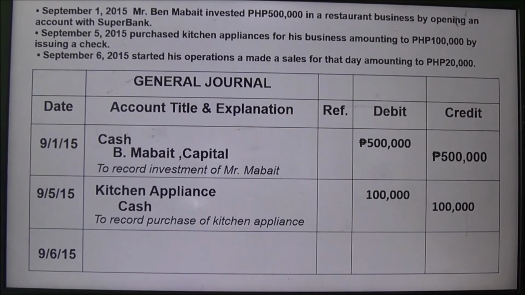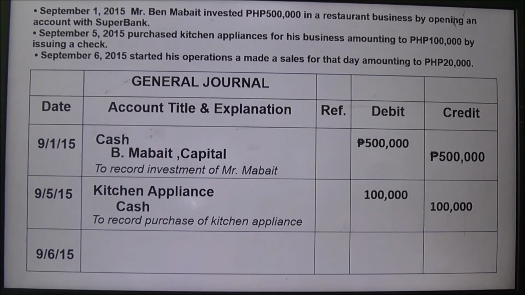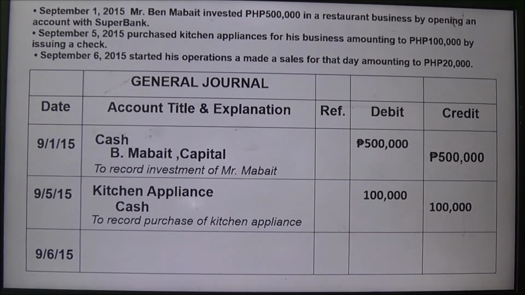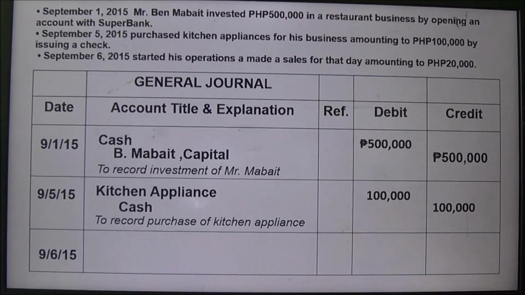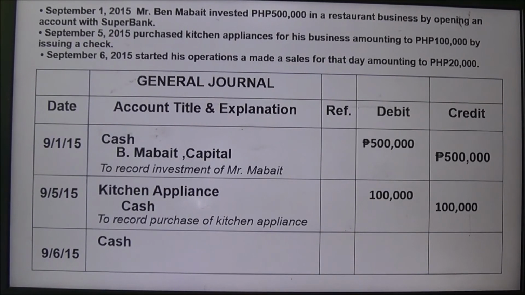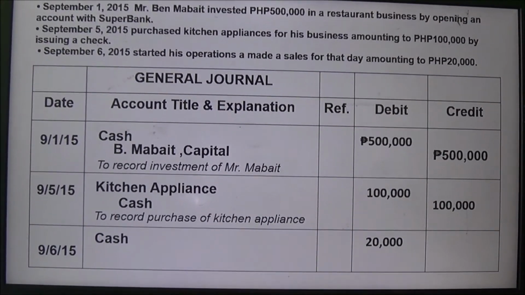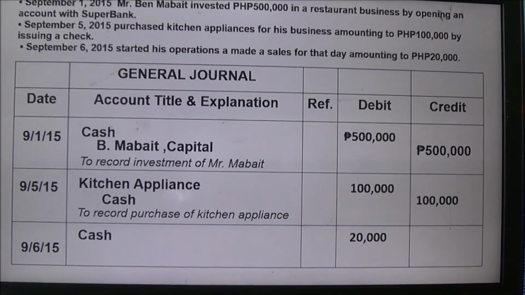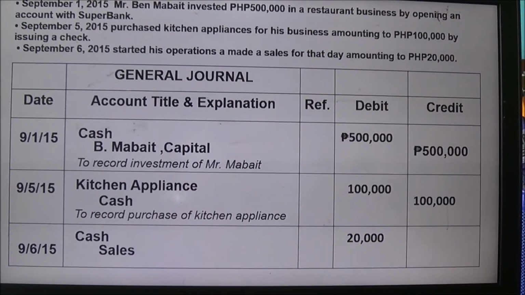Mr. Ben Mabait started his operations and made sales for that day amounting to 20,000 pesos. So on that day, he made sales of 20,000 pesos. So 20,000 pesos is cash. It will be debited. And then there's a word here, sales. So sales is an equity account, so it will be credited.